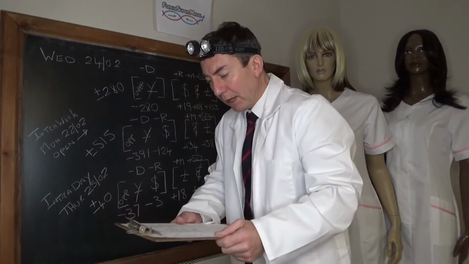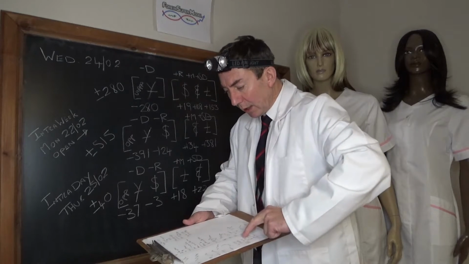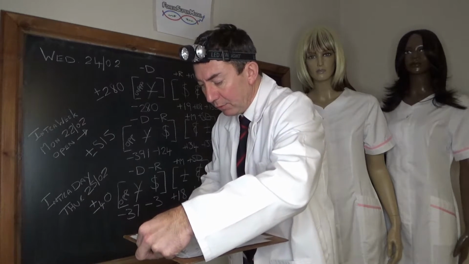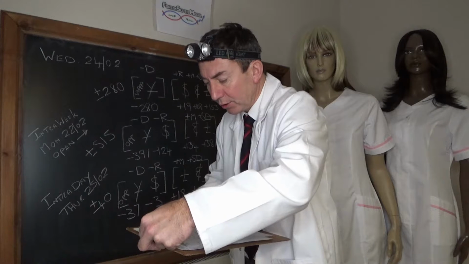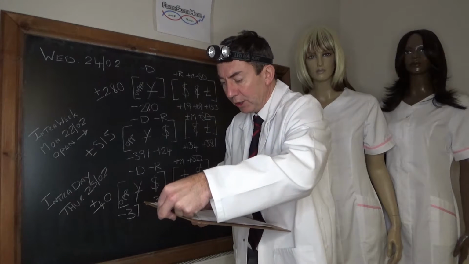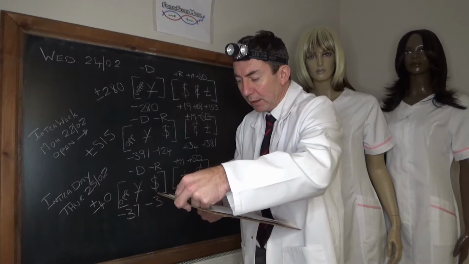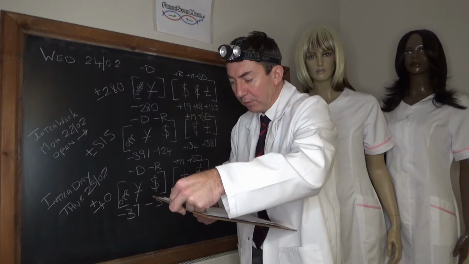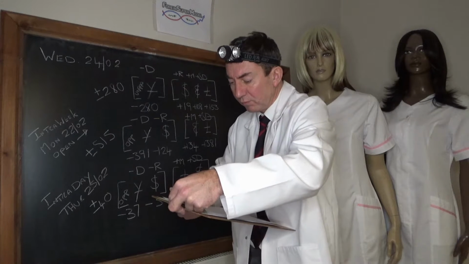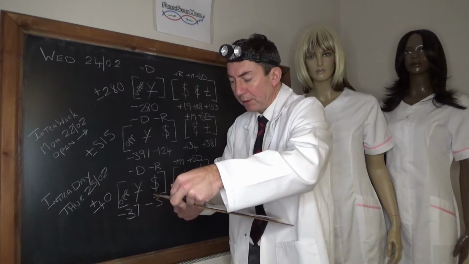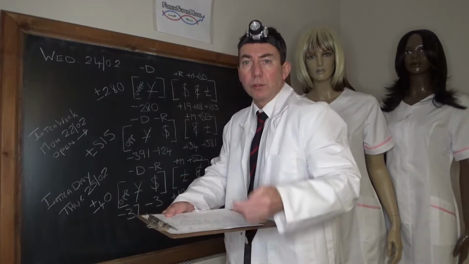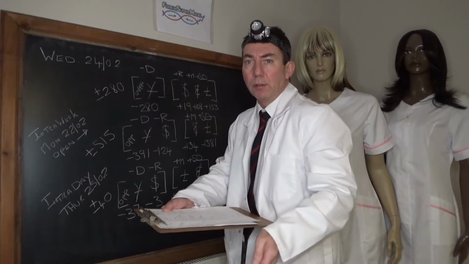Right, what's going to knock this about then? Well, today we've got US durable goods and GDP. We've also got capital good orders. So we've got durable goods, capital good orders and US GDP.